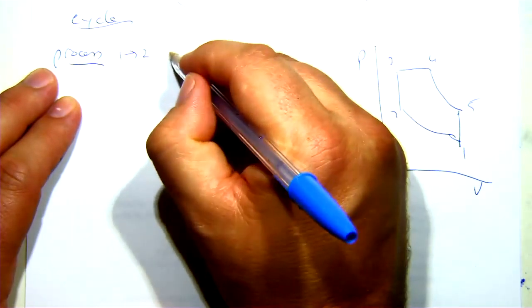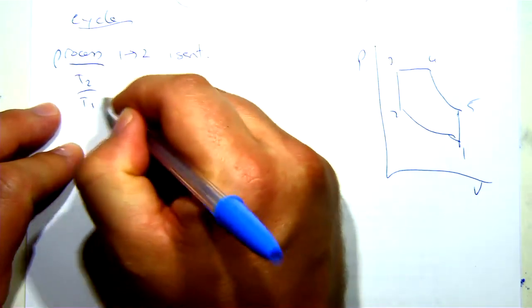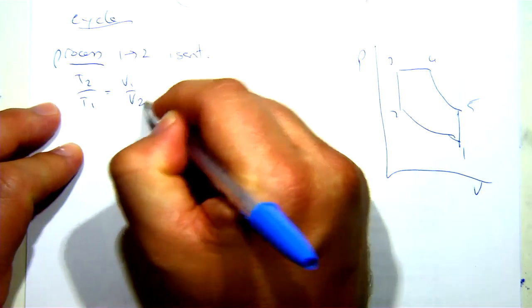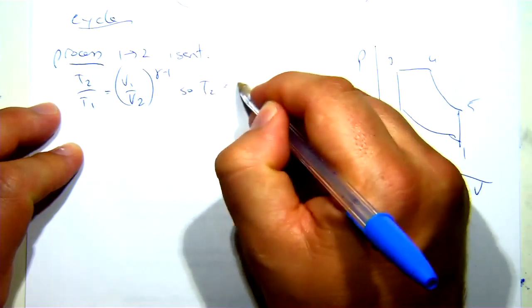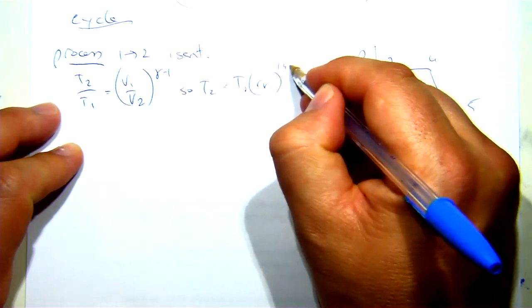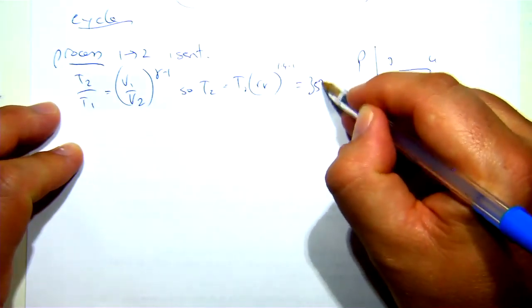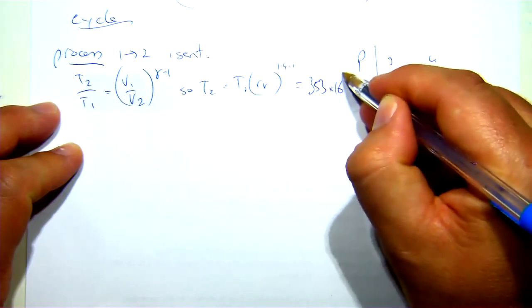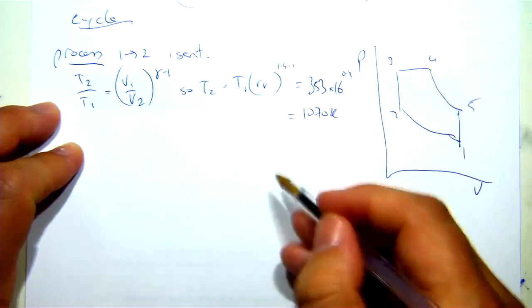1 to 2, isentropic. So T2 on T1 equals V1 on V2 to the gamma minus 1. So T2 equals T1 Rv to the 1.4 minus 1, equals 353 times 16 to the 0.4, equals 1070 Kelvin.